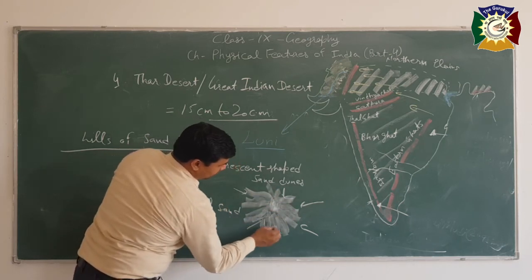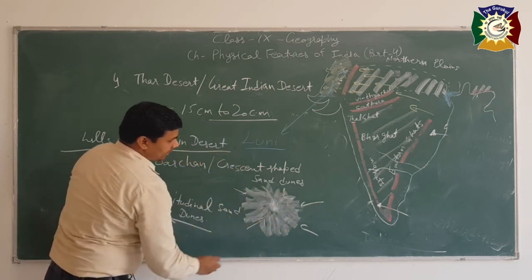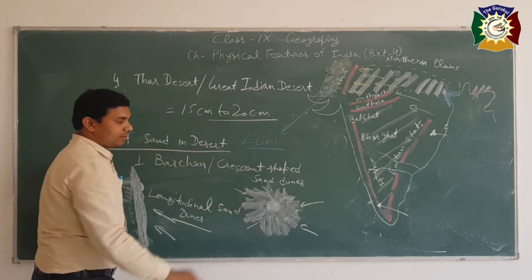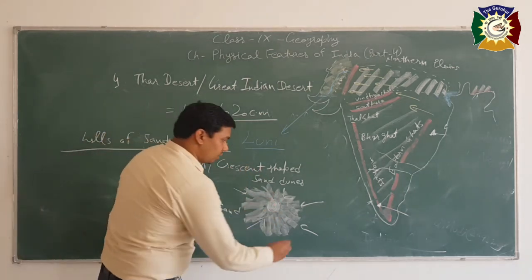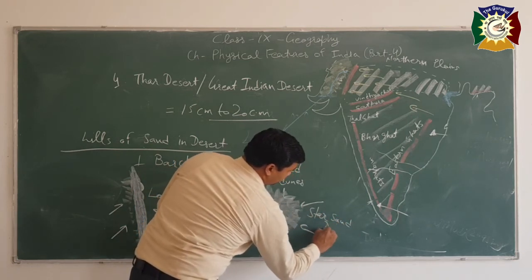The slopes will fall on all sides, and the peak of this sand dune lies here. This type of sand dune is known as the star sand dunes.